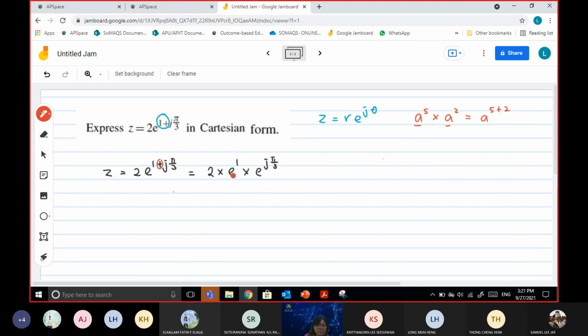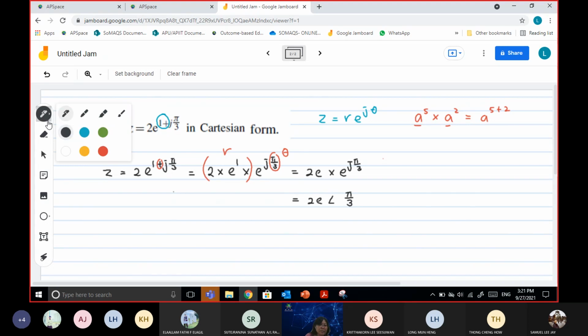Now this one is your r, and this one is your theta. So you have to be careful. If I rewrite it, I have 2e to the power of 1 times e to the power of j pi over 3. When this is r, I can write it as 2e angle pi over 3, your polar form, which is r angle theta, right?